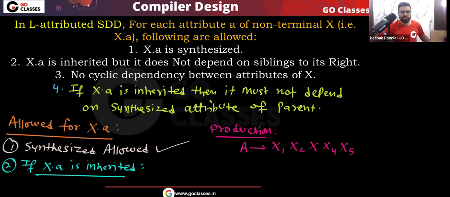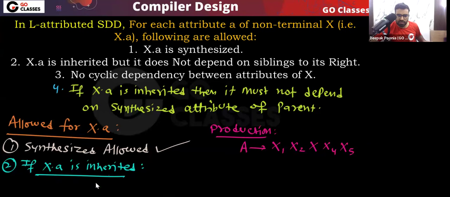Now if X.a is inherited, then this X.a can depend on what? You can see this X.a can depend on an inherited attribute of the parent.